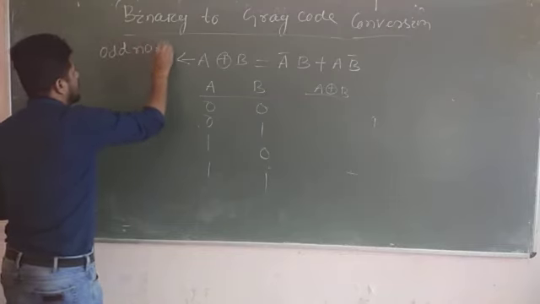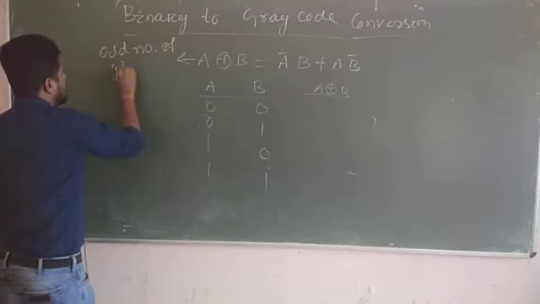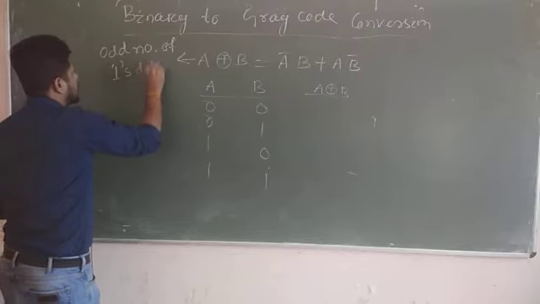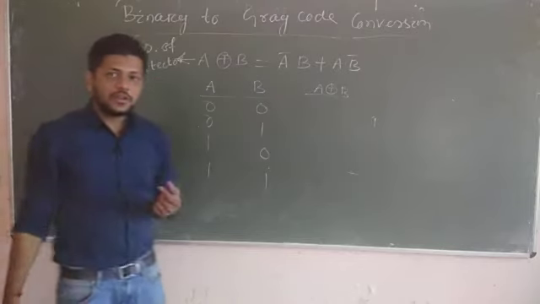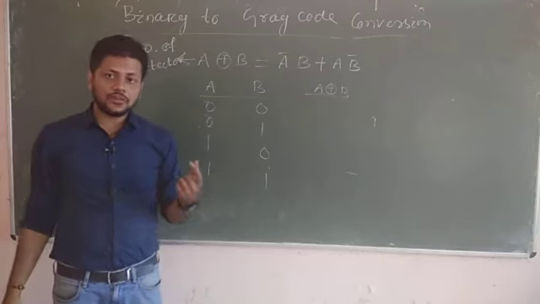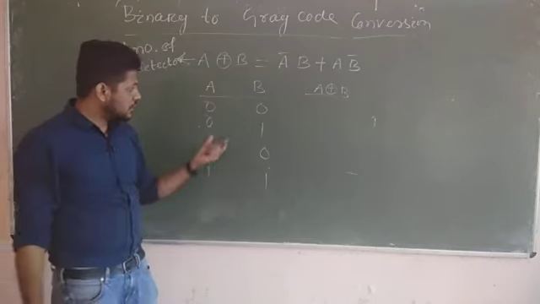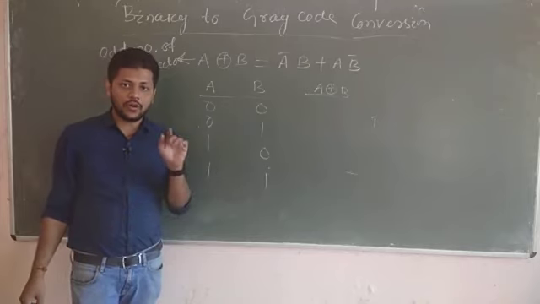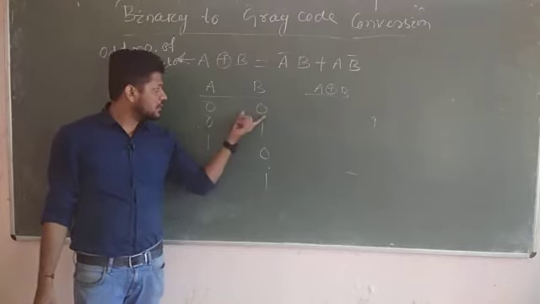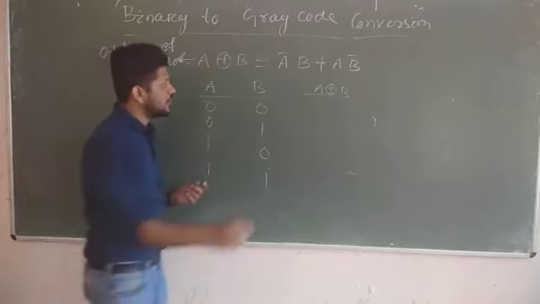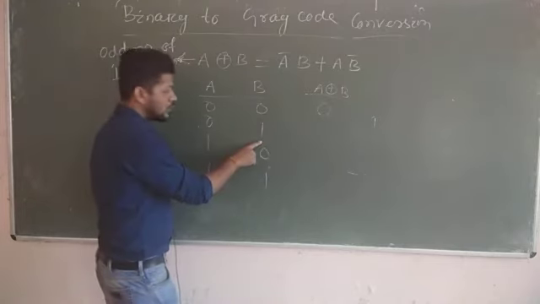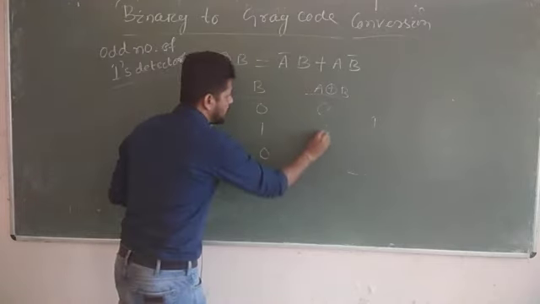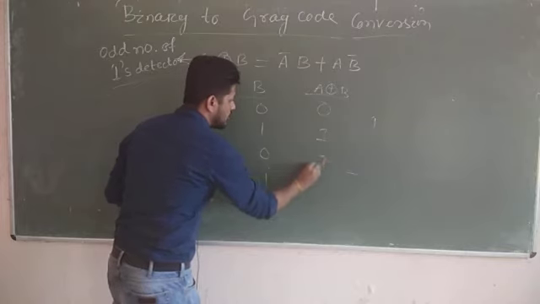Odd number of 1s detector. That means the XOR gate output is 1 only when I give odd number of 1s as input. Here there is no 1 present, hence the output is 0. Here only one 1, so the output is 1. Here the output is 1.